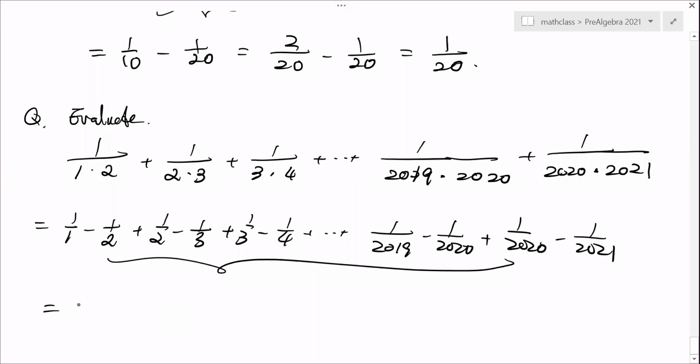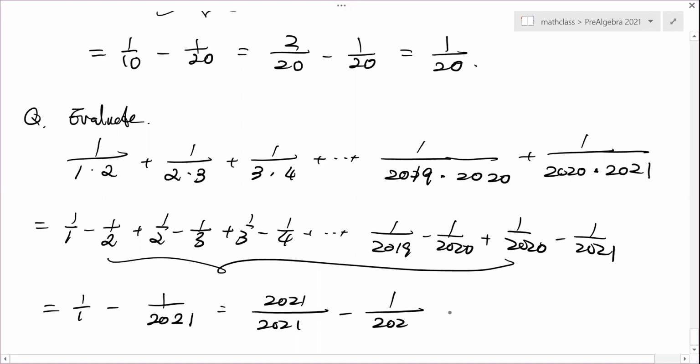So the result is you only have 1/1 minus 1/2021. So how do you combine them into one fraction? Well, it's 2021/2021 minus 1/2021, so the answer is 2020 divided by 2021.